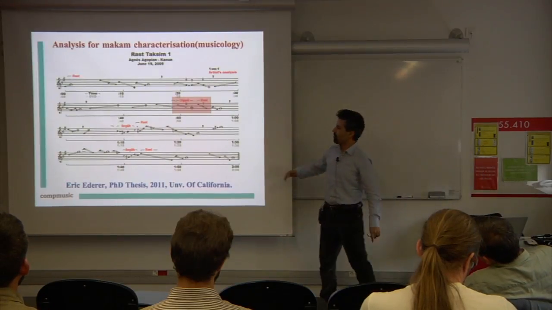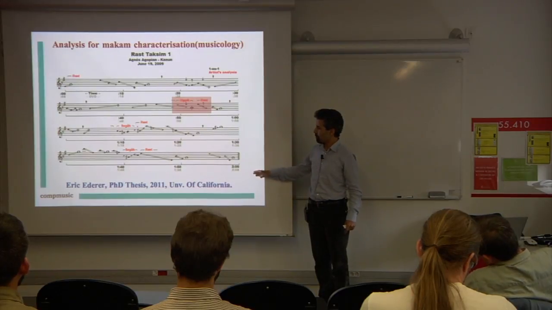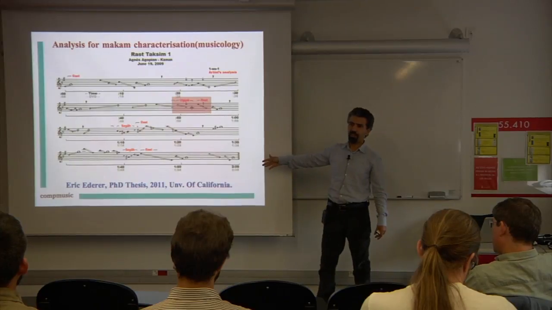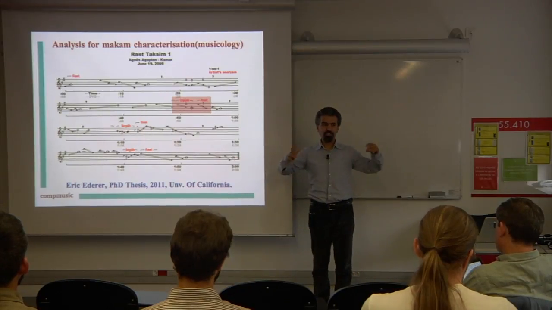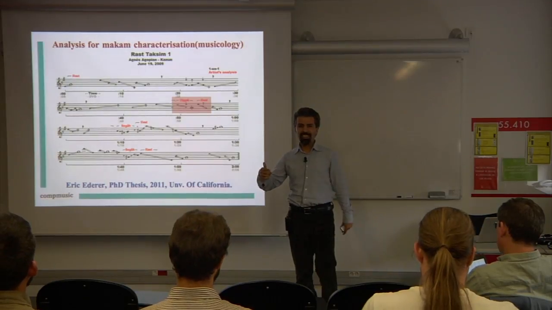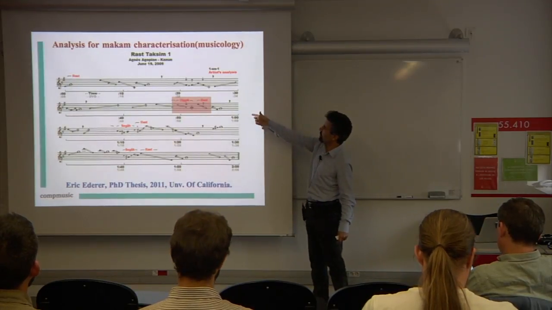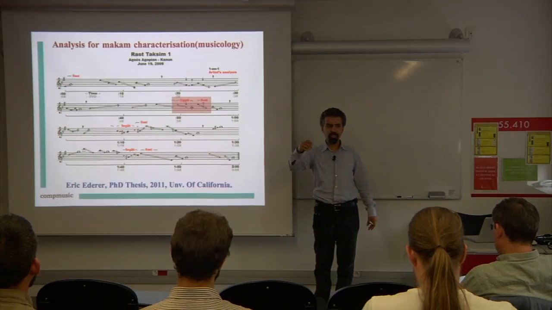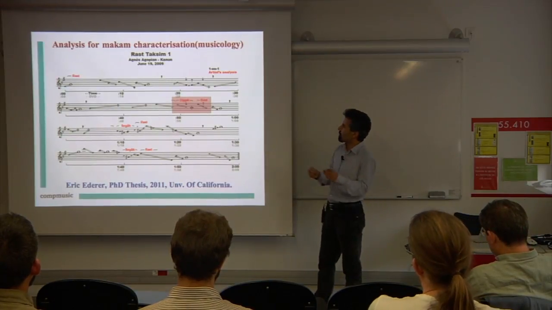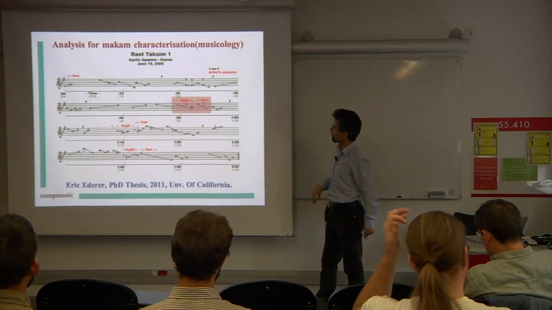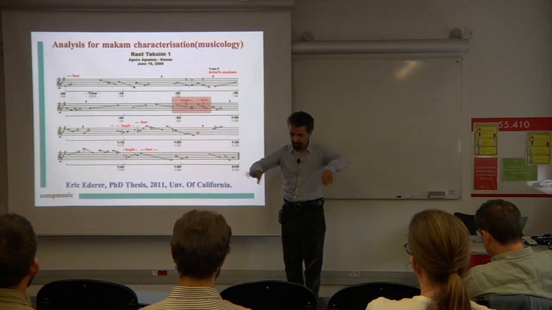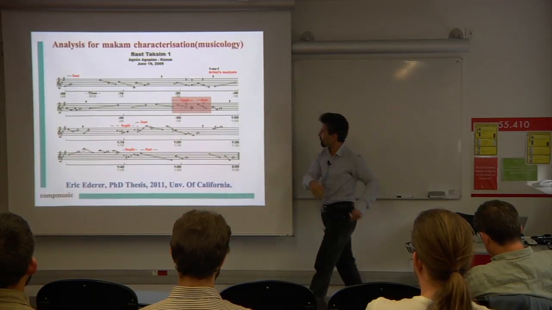Now, if I go step by step to what people from musicology do, Eric Ederer from University of California came to Istanbul and recorded some musicians and asked the musicians to analyze themselves. In the sense that he asked them to put the contour, mention emphasis notes, and also indicate changes that are important for them. So this is a Canon performer, that instrument with the gadgets.